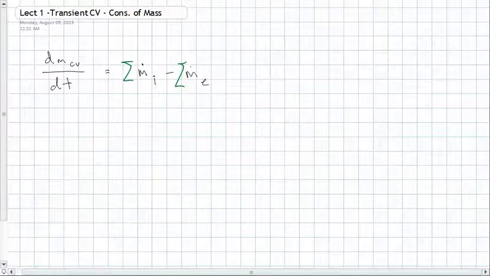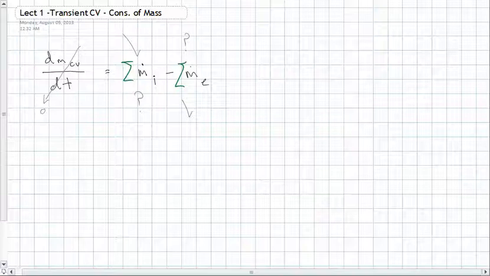Up until now, we've assumed that a process is steady state, so this term has gone away. And the examples so far have basically said, if I know this, calculate that, or if I know this, calculate that.